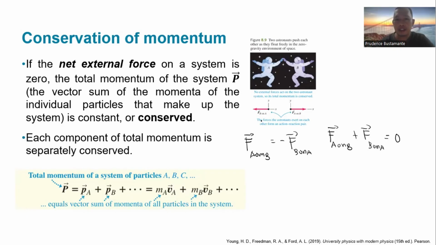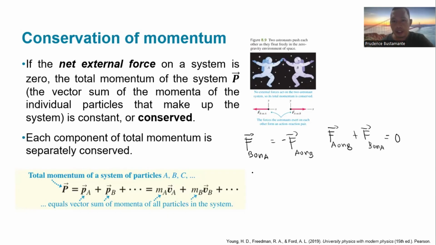They have the same magnitude but opposite direction. You can also write this as F B on A is equal to the negative of F A on B. So if you add F A on B plus F B on A, since F B on A is just the negative of F A on B, that becomes zero.